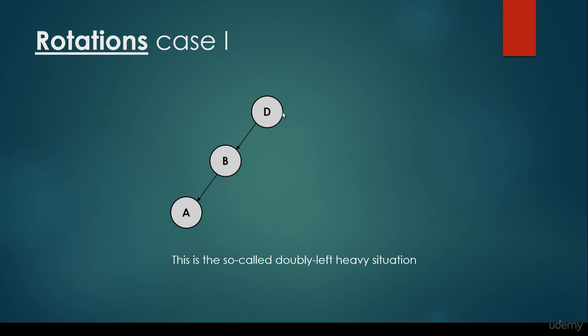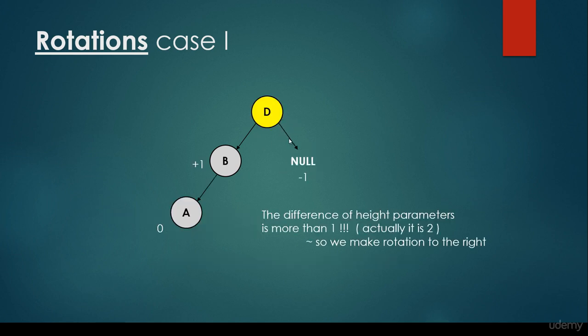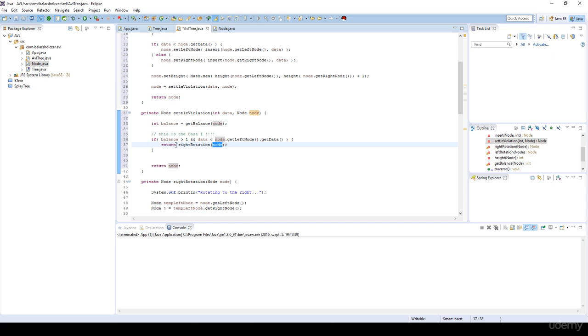So this is the case, and basically we have the node we have inserted, this A, and the grandparent is the D. So the D's left child is the B, and basically the value of this A is smaller than the left child of the grandparent. Yes, it is true. That's why it is the left child of the B. And we just have to make a single right rotation, as you can see. Okay, so that's all about the case 1.